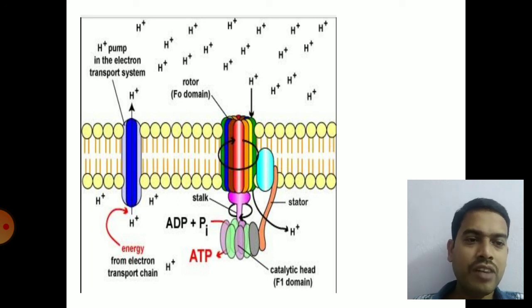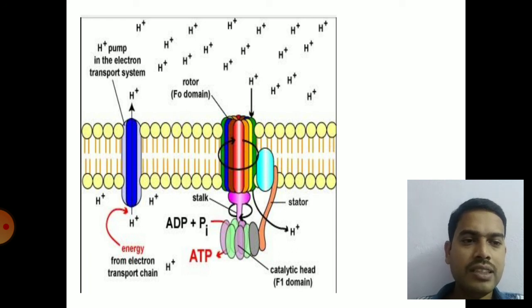And this H plus ion variation in the mitochondrial matrix and intermembrane space leading to ATP synthesis is called chemiosmotic theory, which was proposed by Peter Mitchell. You can clearly see in the diagram H plus ions entered into the intermembrane space, where there will be an increase in acidic conditions. Again these H plus ions entered into the mitochondrial matrix.